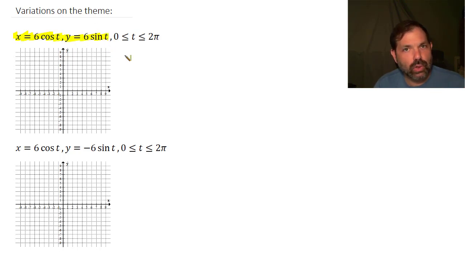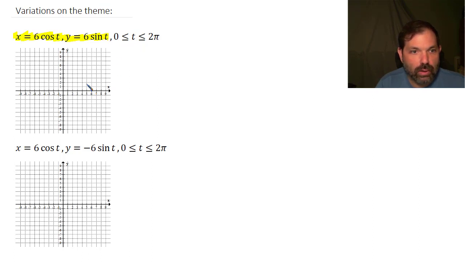And so I'm expecting a circle with radius 6 starting at 6, 0. Now if the interval 0 to pi gave me the upper half of the circle, then it seems reasonable that if I go all the way to 2 pi, I will get the full circle. And so that's what, in fact, we get.